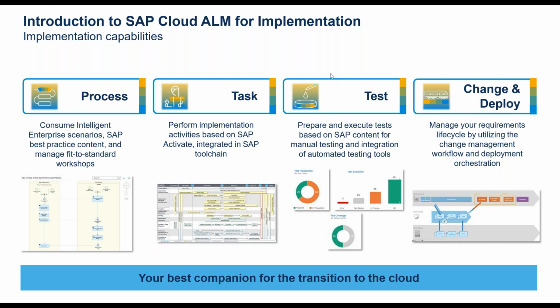And now, one of the important pieces as well on the change and deploy, within Cloud ALM, you'll be able to have something similar to a change management tool. You'll be able to create transports and import those in the target environment.